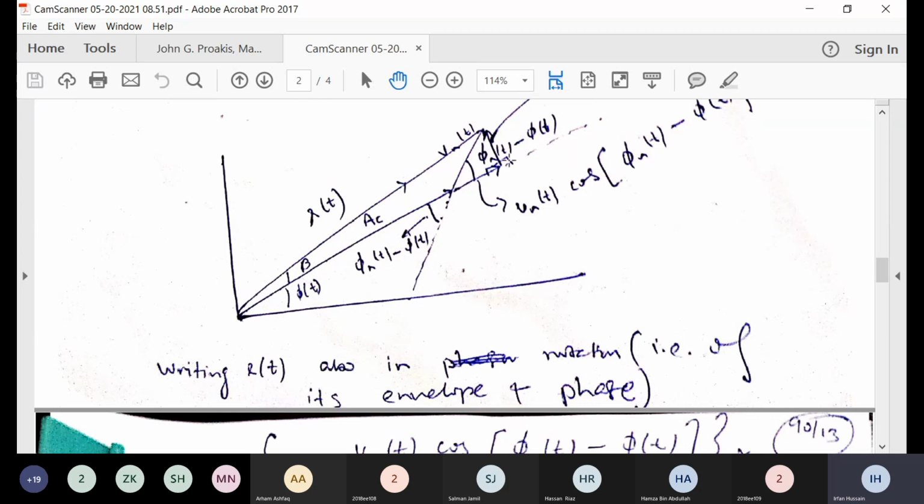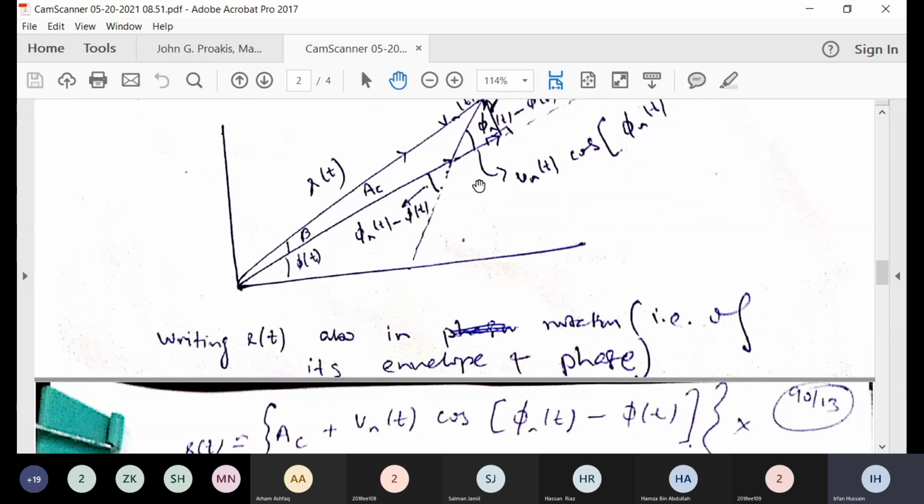So we are taking the cosine component, but we are neglecting the sine component in the amplitude. So we are assuming that this is the amplitude approximately, because you can see Vnt is very small, so its sine component also with this angle will be much smaller. So we can neglect this in terms of amplitude, but we will take care in terms of phase.